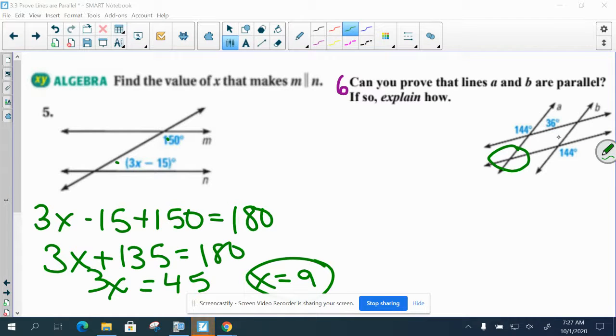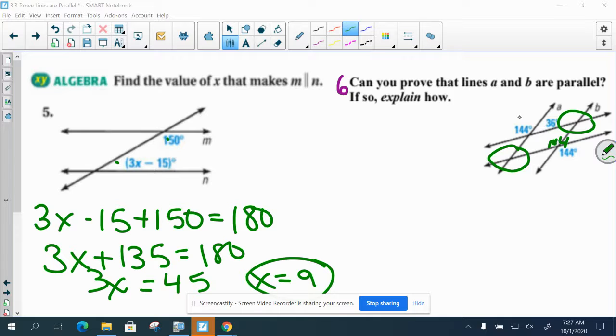If we can't say anything about these angles or these angles, then really you can't say too much about these over here. You do know that this is 144, but still, you don't know that A and B are parallel, so you can't say that this is 144 over here.